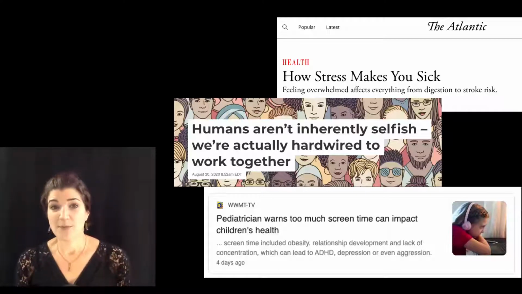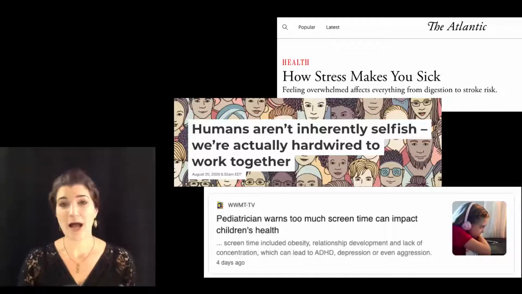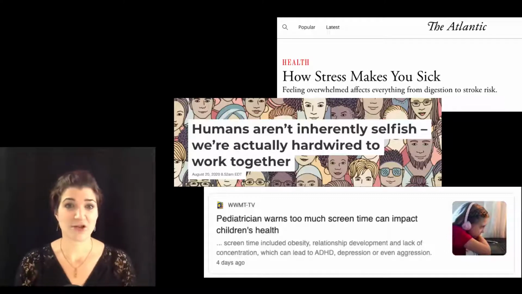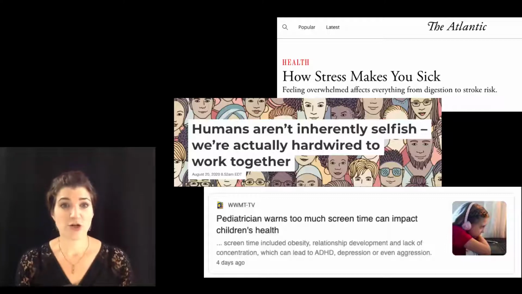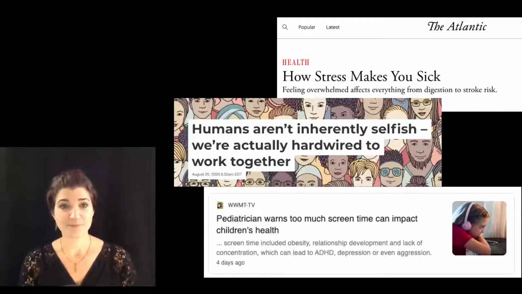We could also ask people to self-report the number of hours that they think they generally spend on their device. So if you think about the last 2 weeks, how much time a day do you think you spent on your device? We could also measure it by getting data from their phones and devices and actually logging the number of minutes that they spend looking at a screen every day.